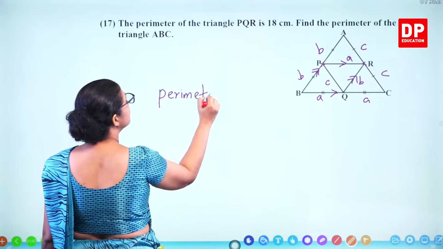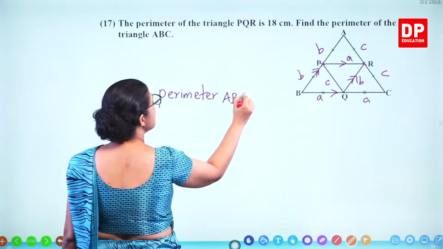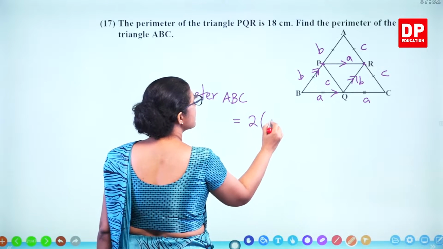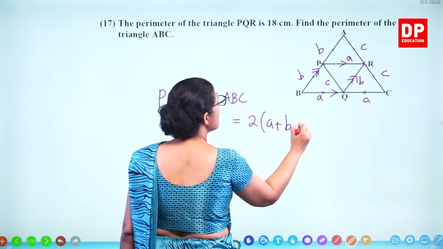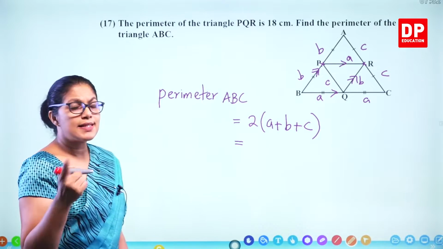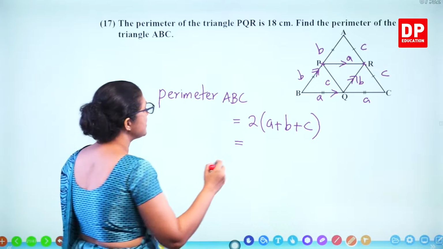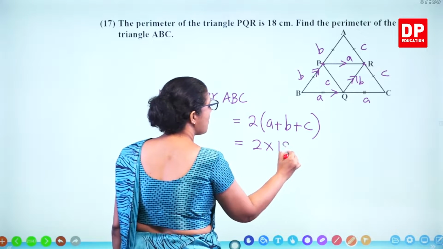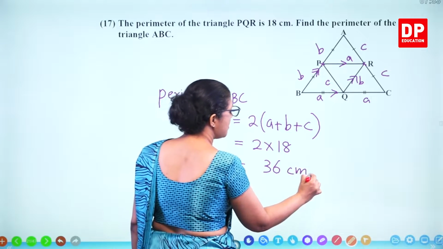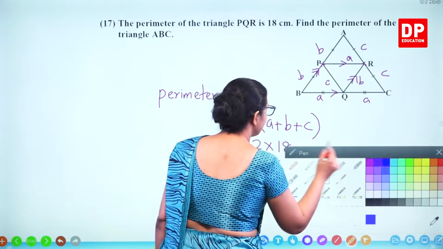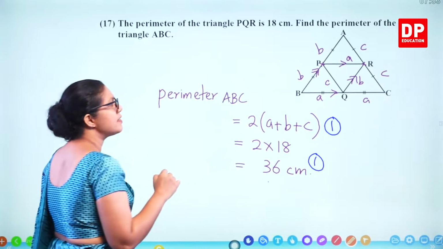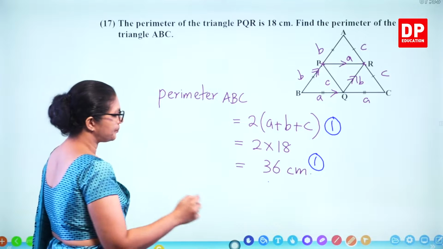Perimeter of ABC is 2A plus 2B plus 2C. A plus B plus C, that's the perimeter of PQR, that's 18. So just multiply by 2. 36 centimeters. So 1 mark here and 1 mark to identify the method.